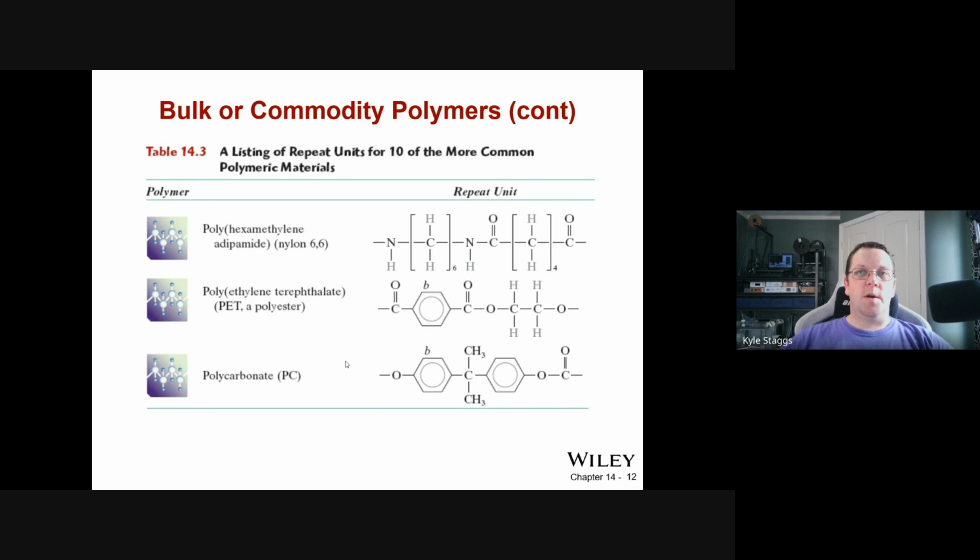This polycarbonate, PC, is another material we use very often. So polycarbonate and acrylics have some similar behaviors. They tend to be very, very hard, very stiff. A lot of that has to do with the fact that there are so many of these chains that have the benzene rings in them.